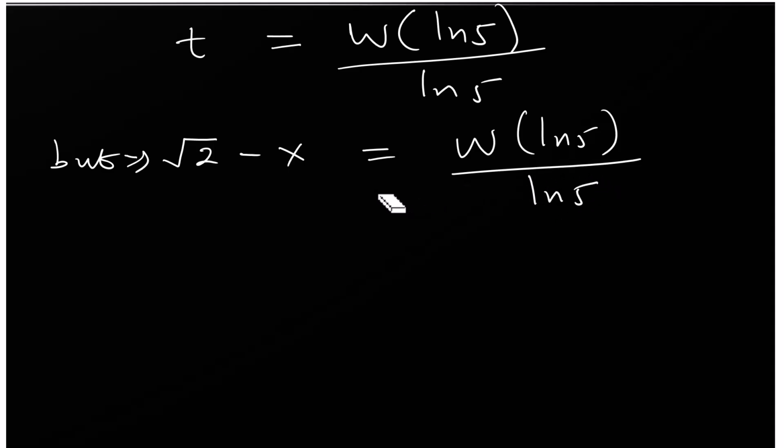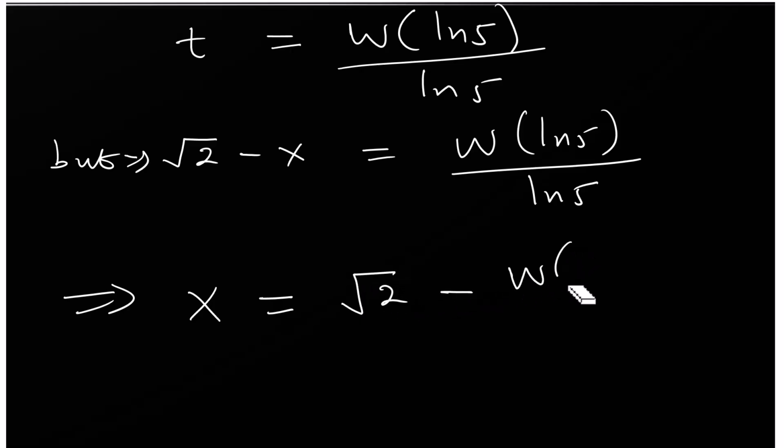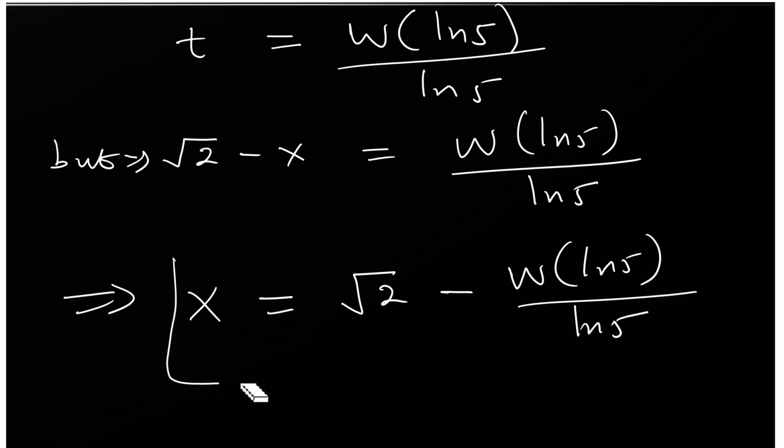So how do we solve for x? So we can send x here and bring this one in. That will be x equals root 2 minus W function of ln of 5 over ln of 5. As simple as that. So this is the final answer.